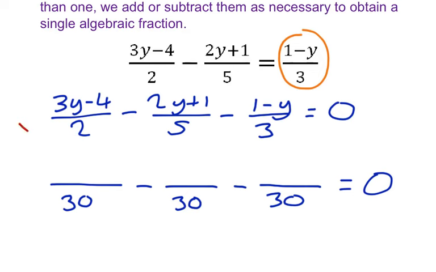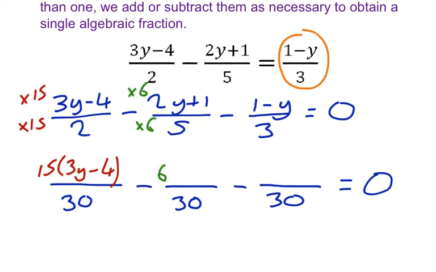For this first one we have to times by 15, so we have to times the top by 15, so we get 15(3y - 4). For the second one we have to times by 6, so we have to times the top by 6, so we get 6(2y + 1). And for the last one we have to times by 10, so we have to times the top by 10, and we get 10(1 - y).